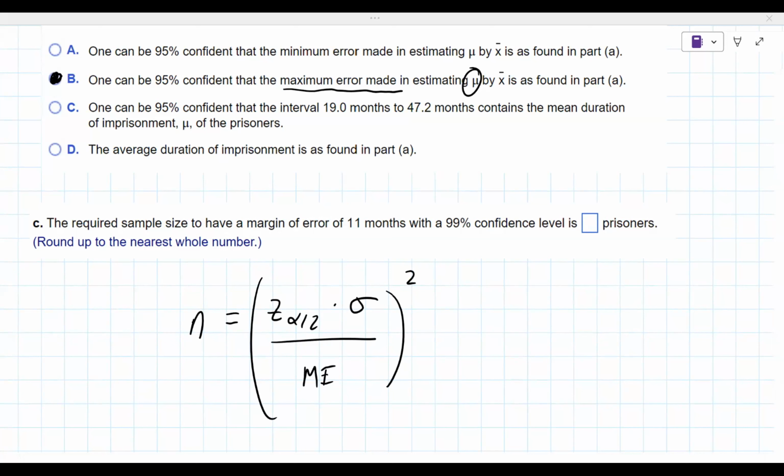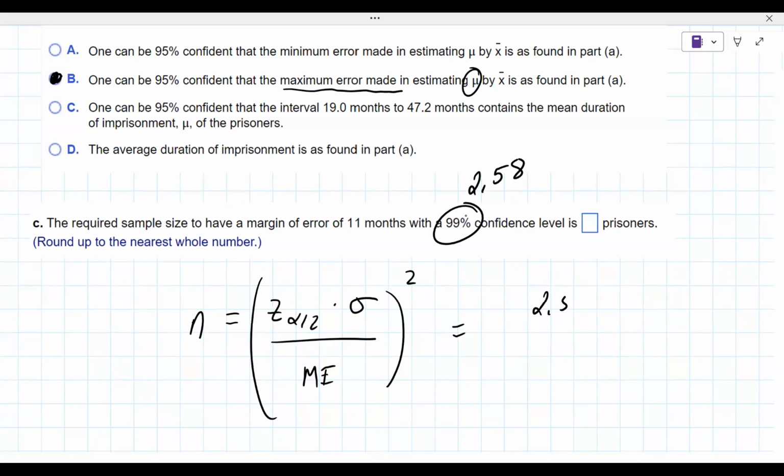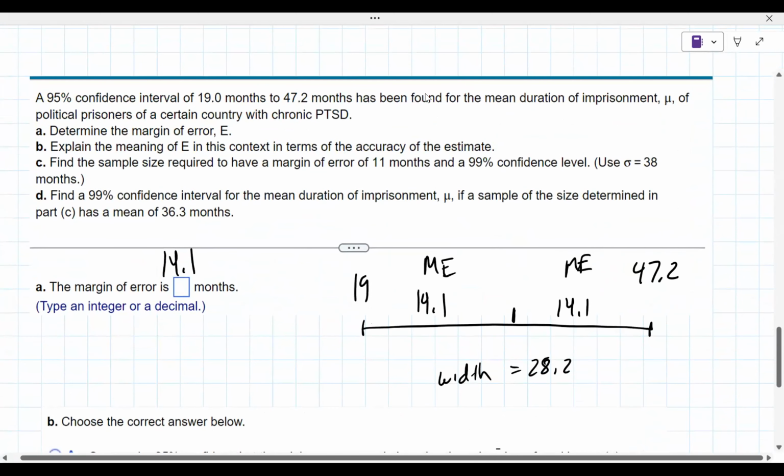Okay. Well, this 99% confidence interval goes with a z-score of 2.58. That's another one to add to your table. So 2.58 times sigma. Sigma is given in the problem up here somewhere.